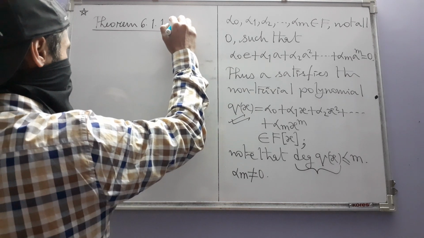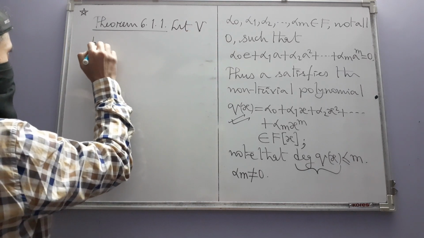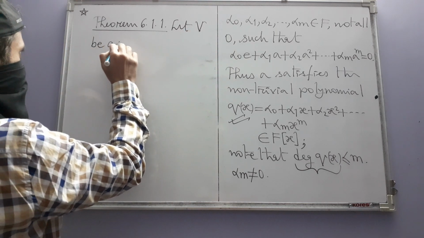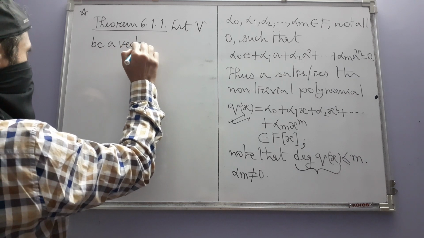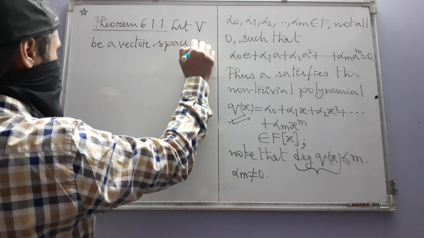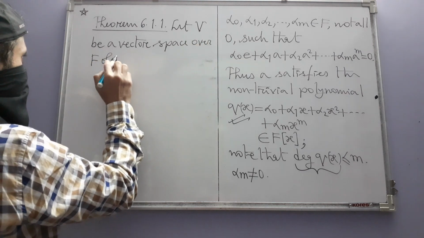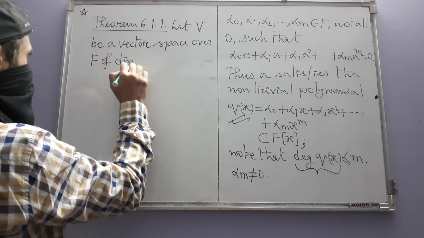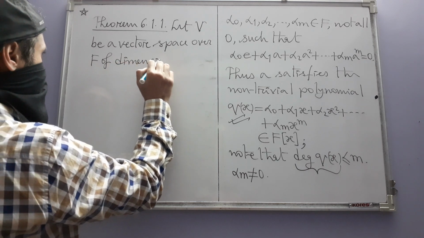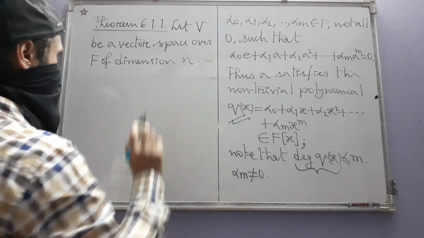It starts like this: let V be a vector space over F of dimension n.